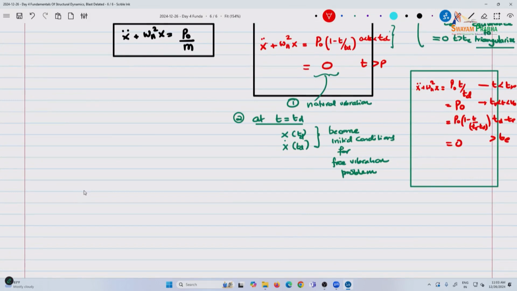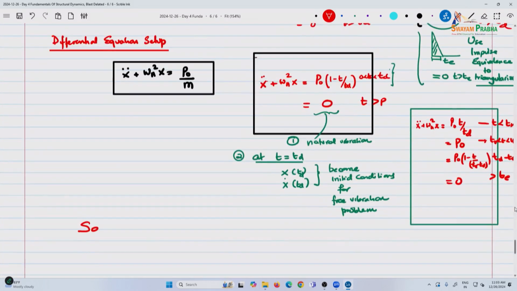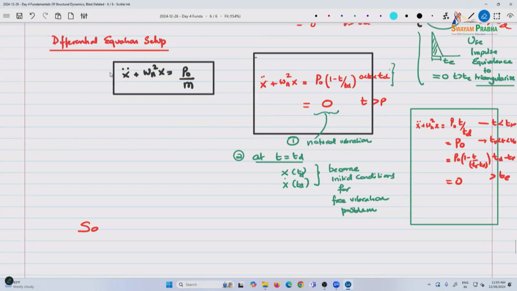So that's where we will consider these two for looking at it. This is, we will see, this is the easiest. Make sure, let me save this.